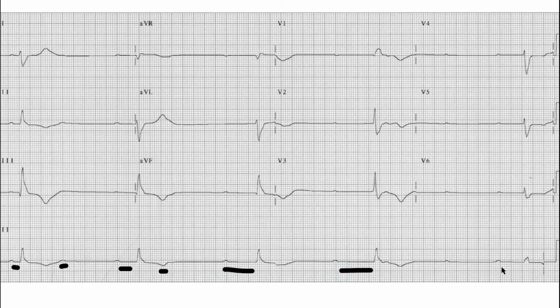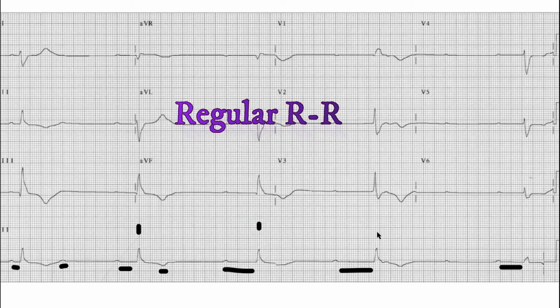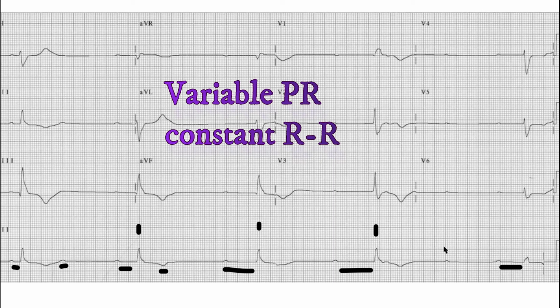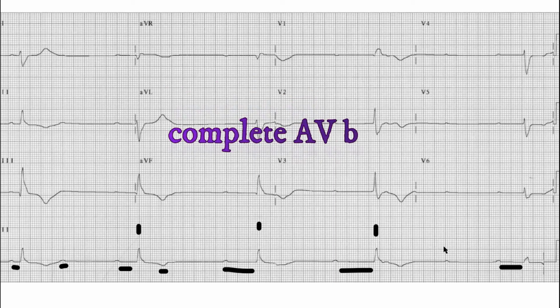Before some QRS complexes it is short, and before others it is prolonged. Also, another important finding is that the RR interval is regular. The distance between different R waves is regular. So, whenever you find a bradycardia with variable PR interval and fixed RR interval, it means that this is a complete AV block.